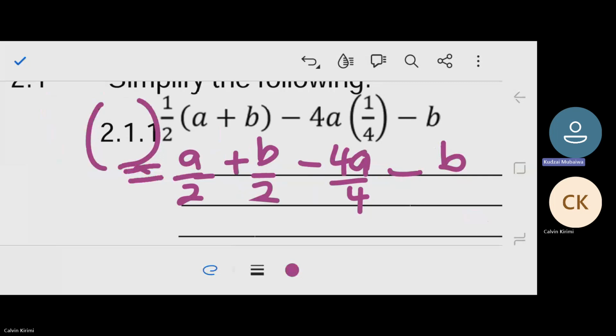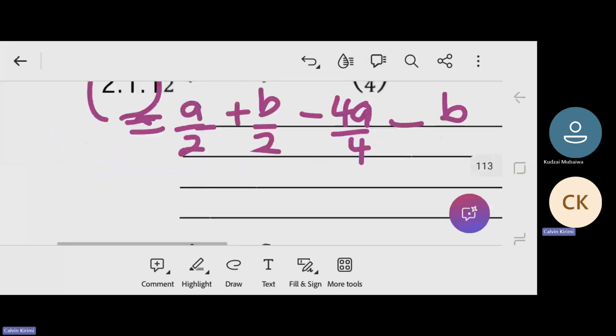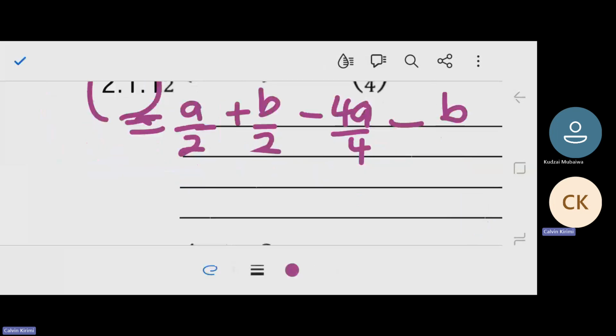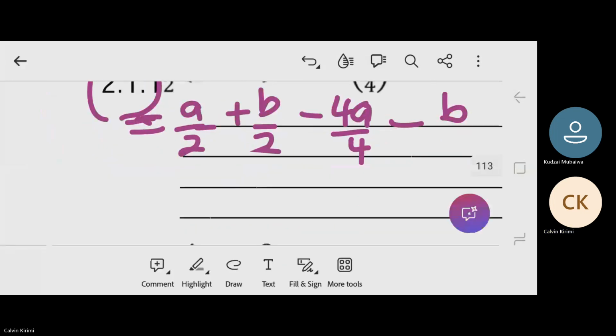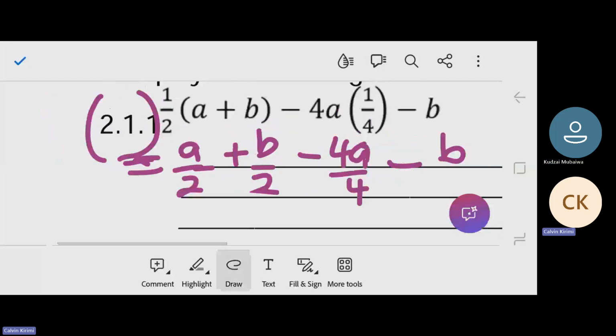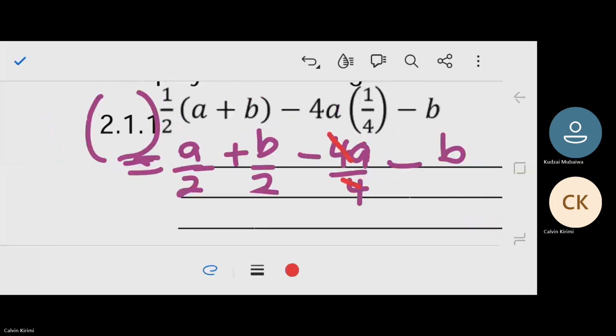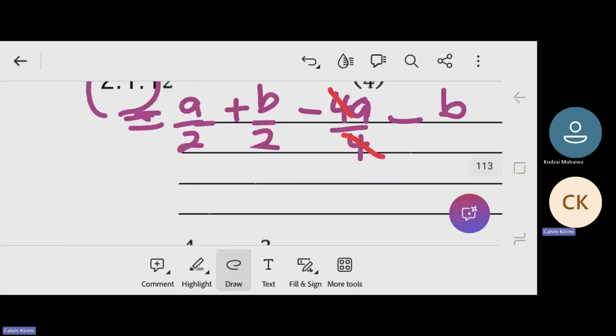All right, so now we group the like terms together. But you must not forget also to note that 4 and 4 will cancel, isn't it? Then what are we left with now?